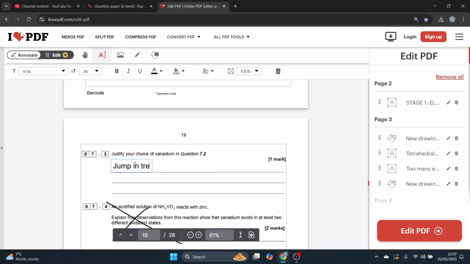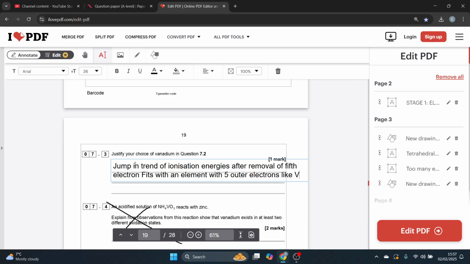Jump in trend of ionization energies after removal of fifth electron fits with an element with 5 outer electrons.